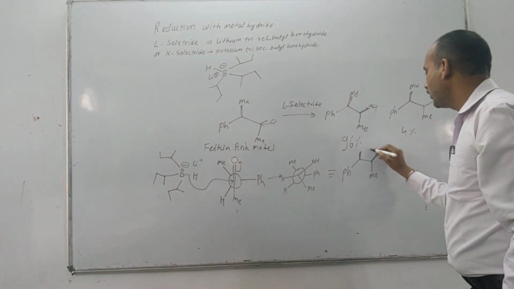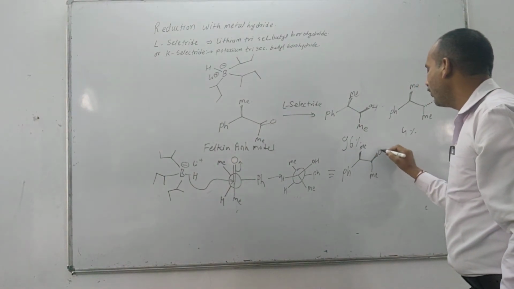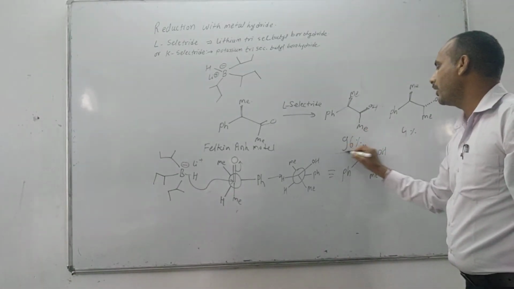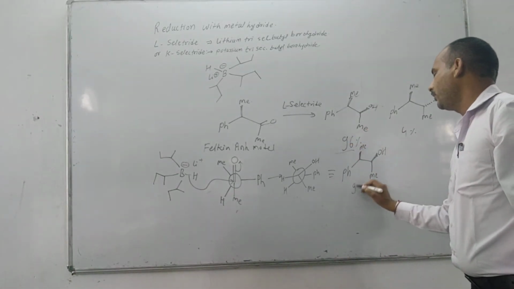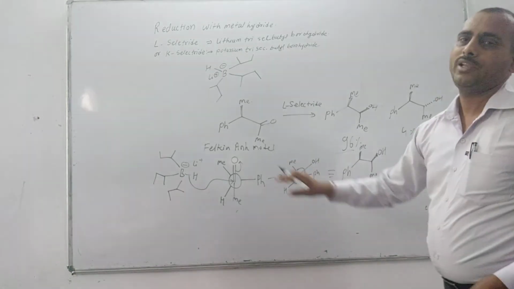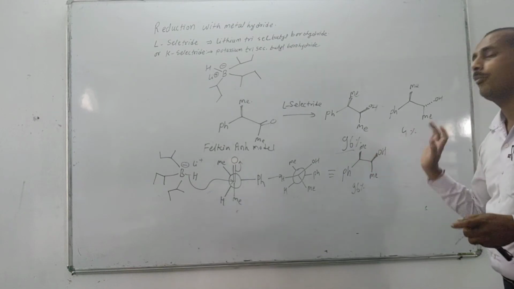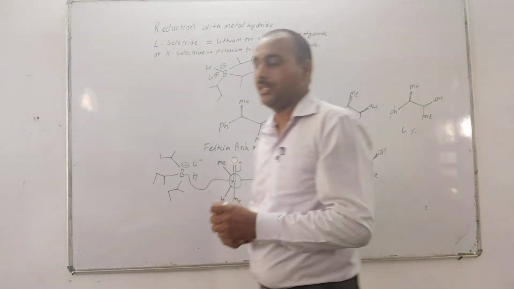That means the Me and OH are present on the same side. So we get this product as 96% by using the Felkin-Anh model. We observe that this product is the major product obtained during these reactions.